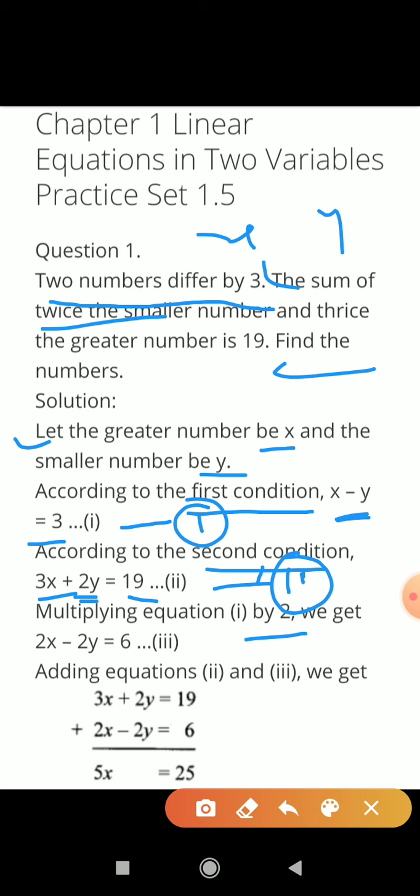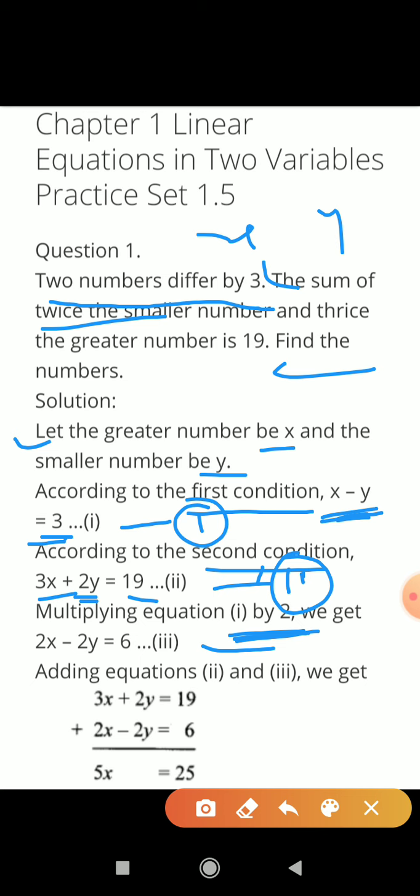So we multiply equation 1 by 2, and we get 2x minus 2y, and on the right side 3 into 2 becomes 6. So this is our equation number 3.